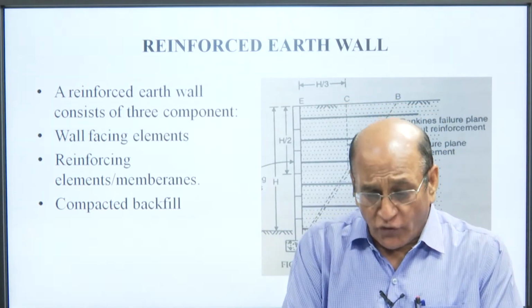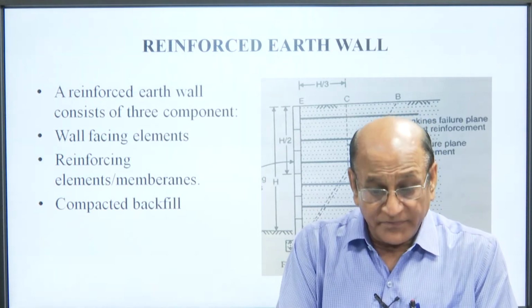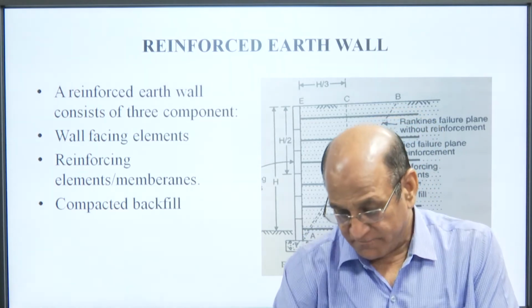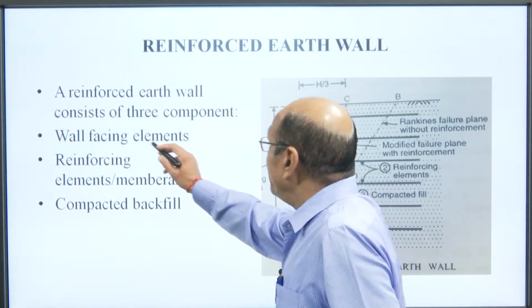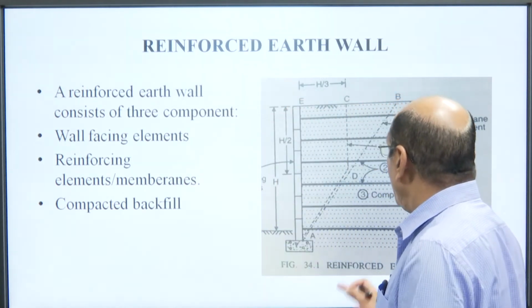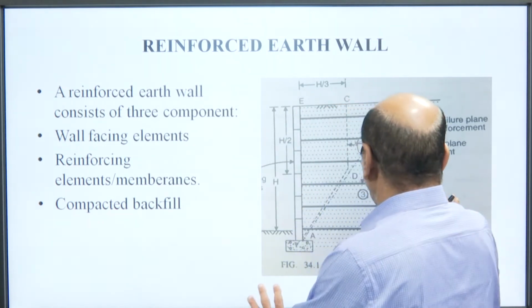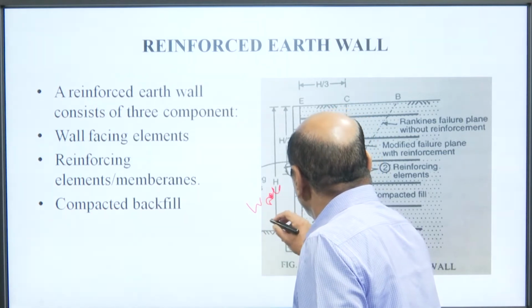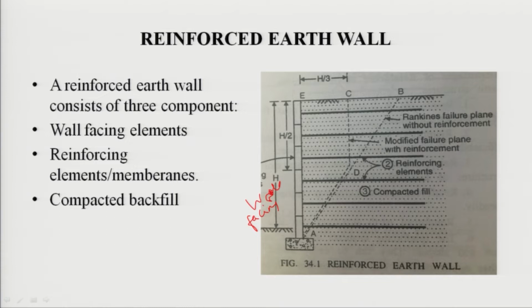So, the reinforced earth wall consists of three components. We can see here. First is the wall facing element. Where is the wall facing element?